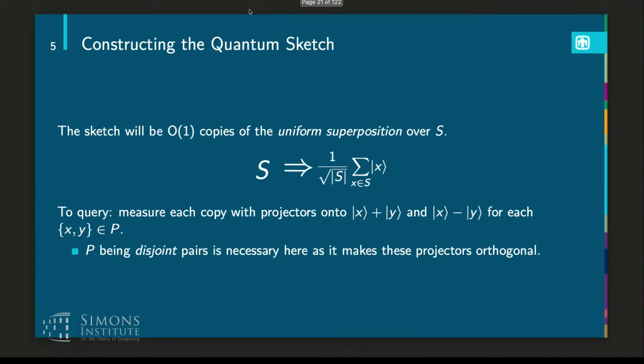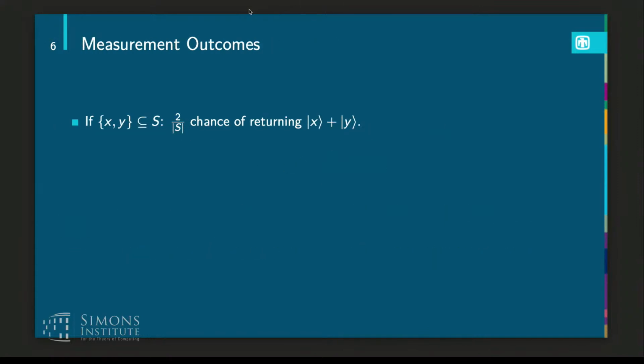So what are the outcomes of this going to be? Remember that the measurement rule is that our probability of seeing an outcome is the square of the length of the vector once you project it onto that projector. In particular, for any pair, if xy is actually contained in S, then the projection onto x plus y is going to have squared size 2 over S, and there'll be 0 overlap with x minus y.